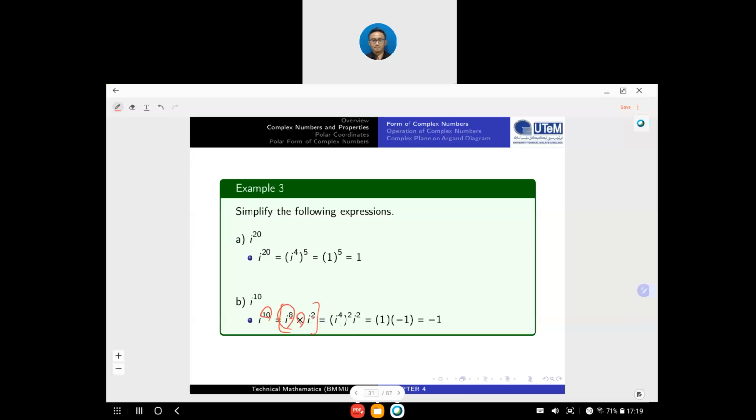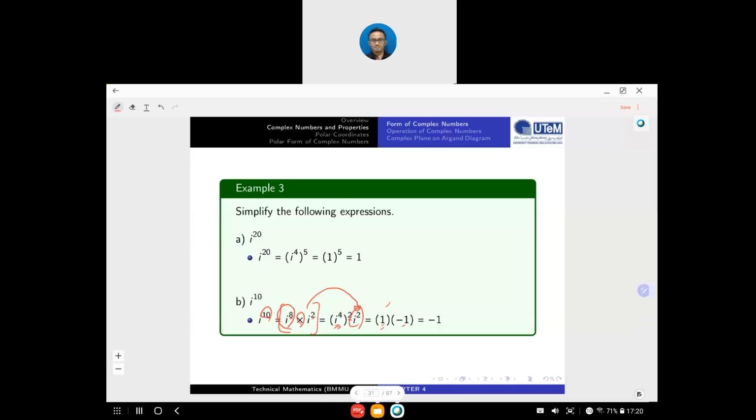Example 2. Express the following square roots in terms of i. We know that when you have the square root of a negative value, we can express this in terms of i.